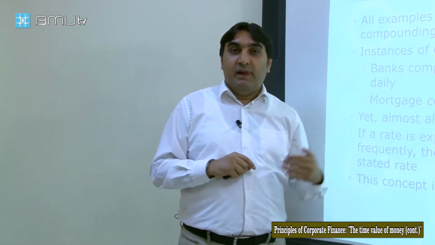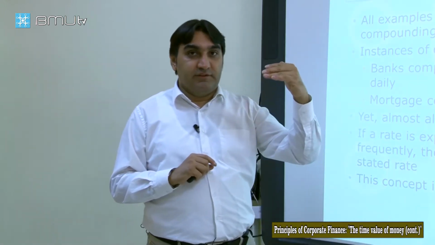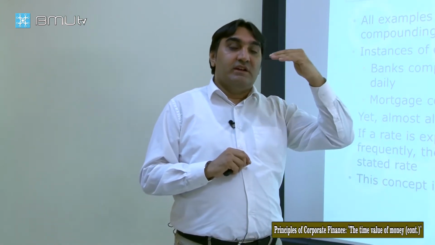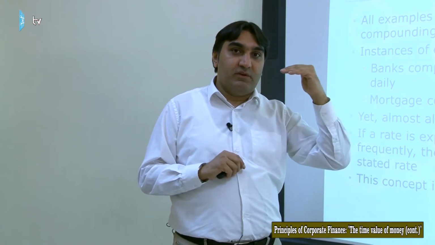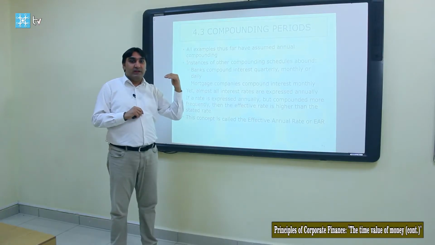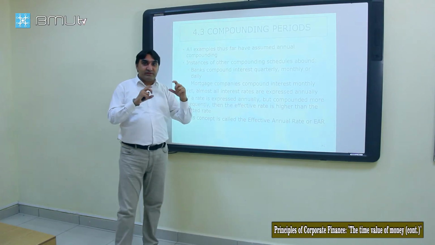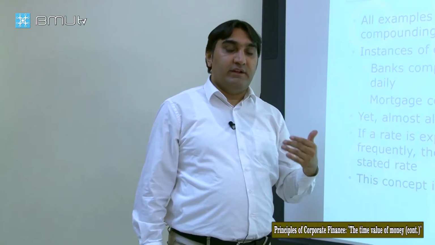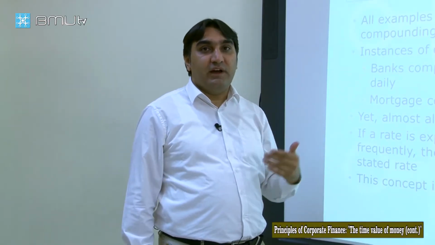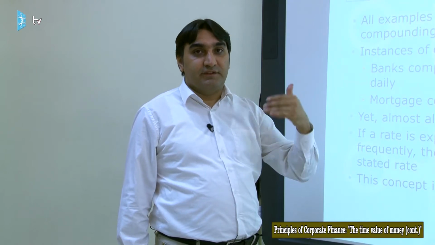In other words, if compounding is monthly, daily, or weekly, we convert this rate into an annual rate and call it the effective annual rate. The effective annual rate annualizes rates that are quoted other than annually.